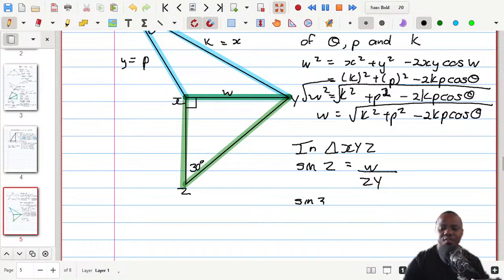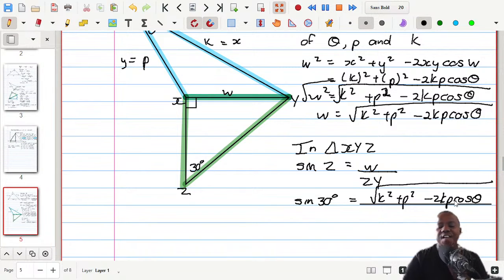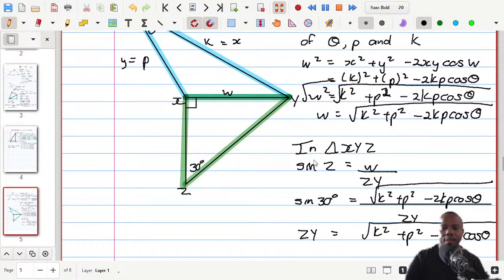So sine of 30 degrees is equal to the square root of k squared plus p squared minus 2kp cos of theta, over ZY, which we do not know. So ZY is going to be equal to the square root of k squared plus p squared minus 2kp cos of theta, all of this divided by sine of 30 degrees.